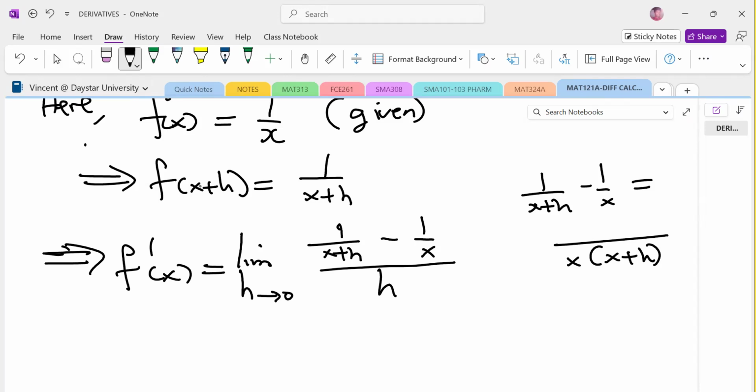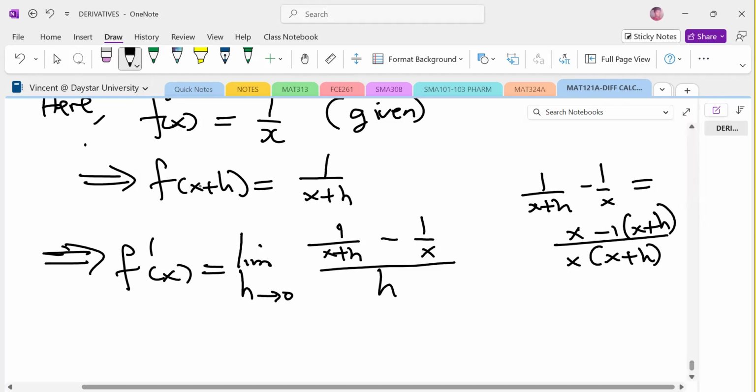Then x plus h into this LCM is x times 1 is x. Then minus x into the LCM is x plus h, then times 1. So we'll have 1 into x plus h. So what will be the simplified expression of the numerator in this case?